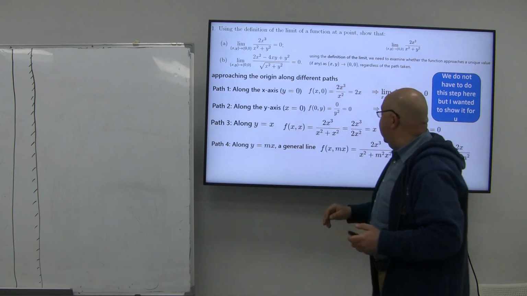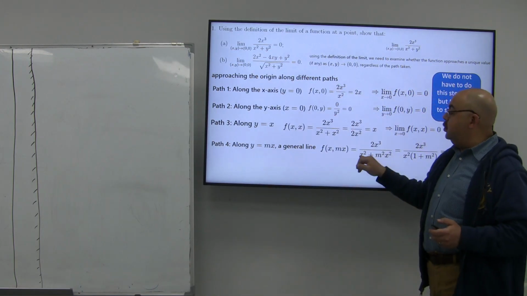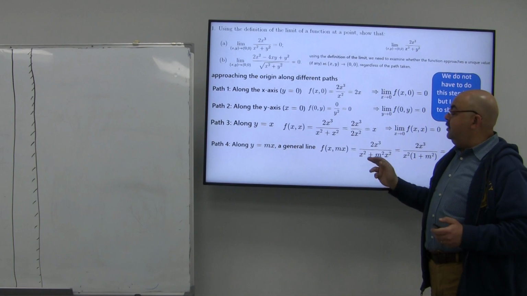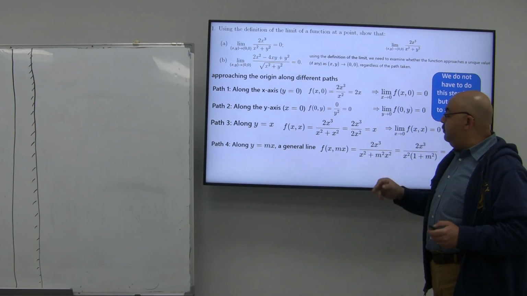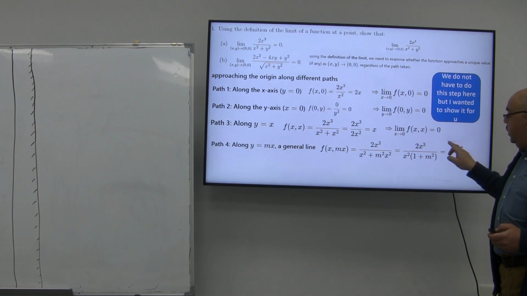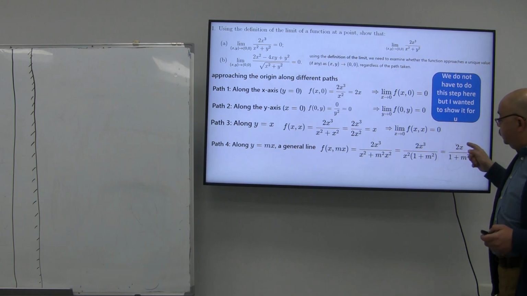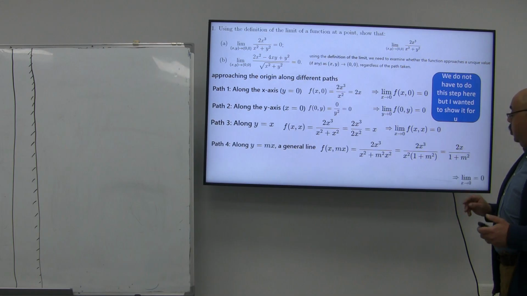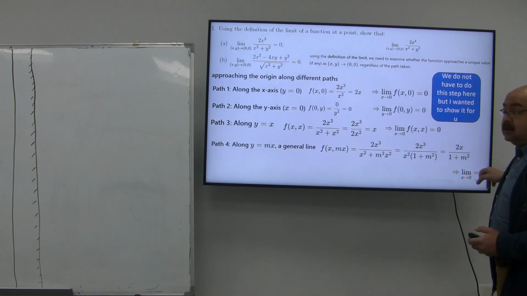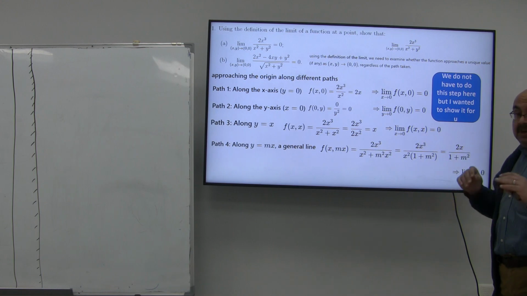Taking x squared as a common factor and eliminating it with x cubed, you will end up having 2x over 1 plus m squared. Taking the limit of 2x over 1 plus m squared while x tends to 0 will also end up having 0. So through all of this, the limit exists and it's equal to 0.